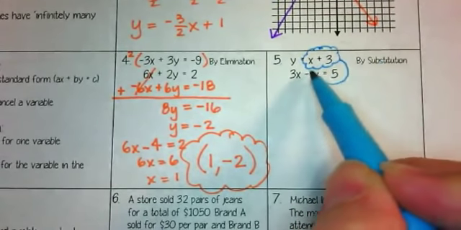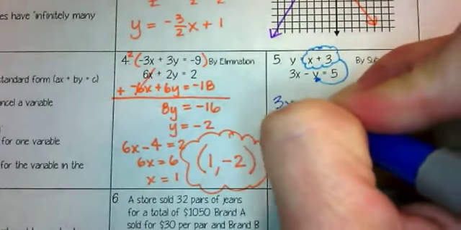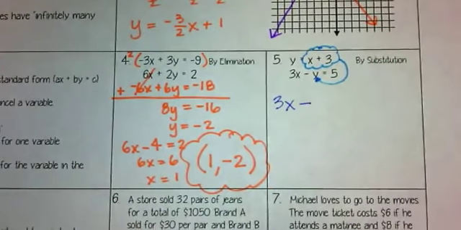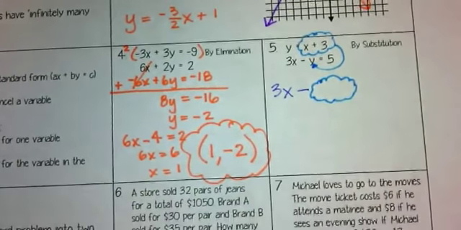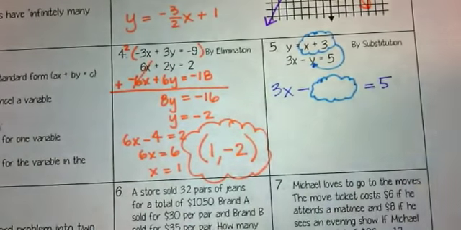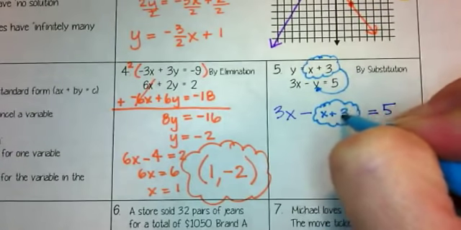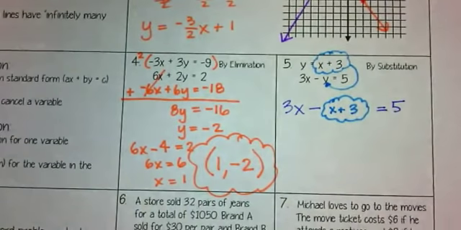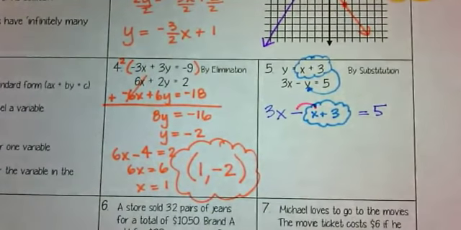So since y is x plus 3, I'm going to go down here and fill it in. So I have 3x minus, this is where our cloud has blown in there and it's covering up the y, equals 5. And then inside our cloud, we have x plus 3. So now the rainbows come in because we need to distribute that.